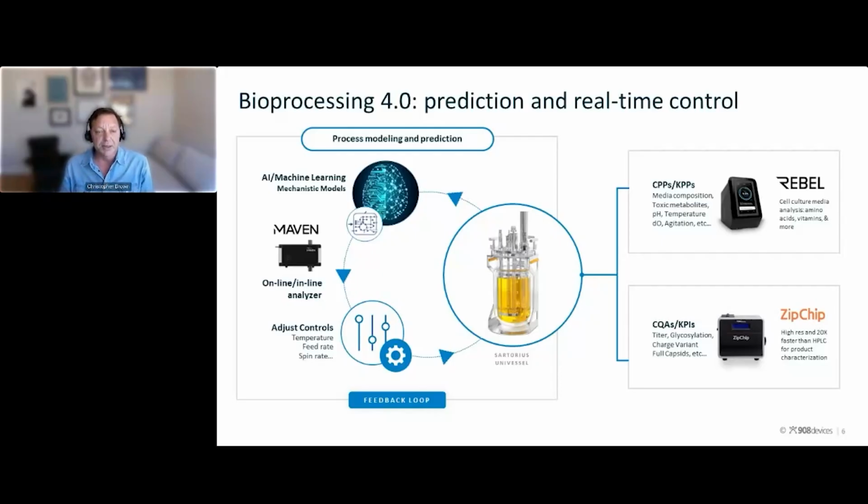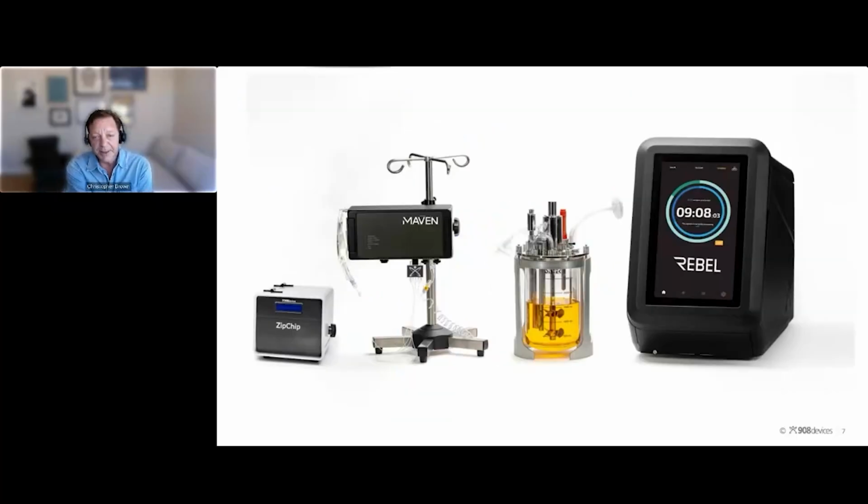And the Maven is an inline system to do real-time glucose and lactate, used across a wide variety of media types of bioprocesses, and control at a very low level. As a family, then, we have a nice portfolio that we're very proud of. So the ZipChip, the Maven, and the Rebel.